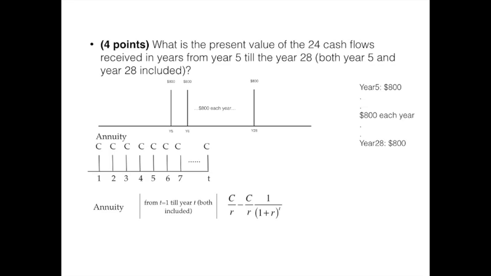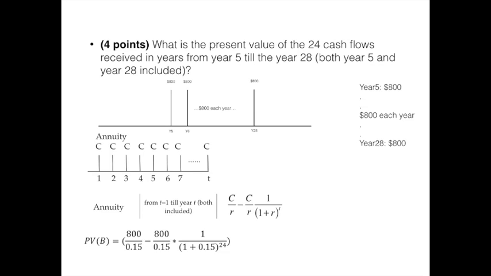Now, how do we adjust this formula? Well, let's look at our cash flow stream, which starts in year 5. Let's look at it from the perspective of year 4. From the perspective of year 4, it looks just like a normal annuity. So we use this formula to calculate the present value in year 4. So in year 4, this is how much it will be worth.